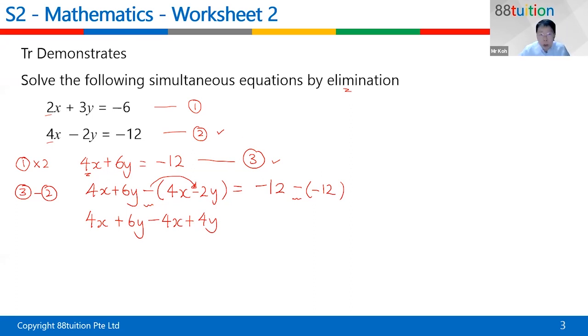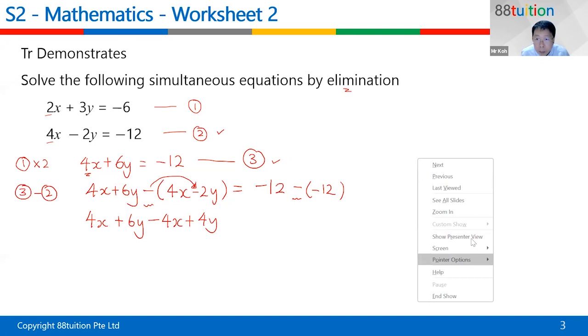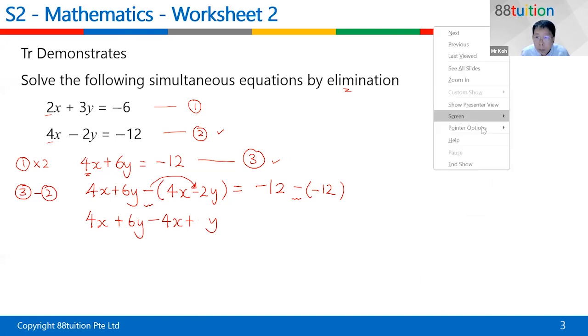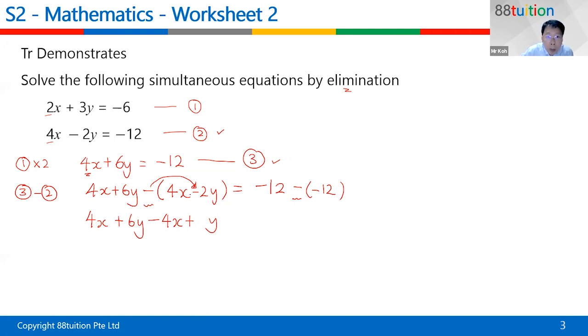Sorry, not for y. It should be minus 2y. Okay, so minus minus plus, so that will be a 2y.